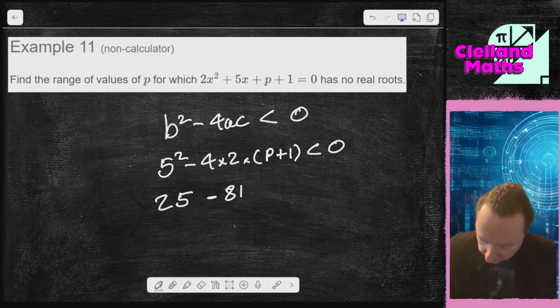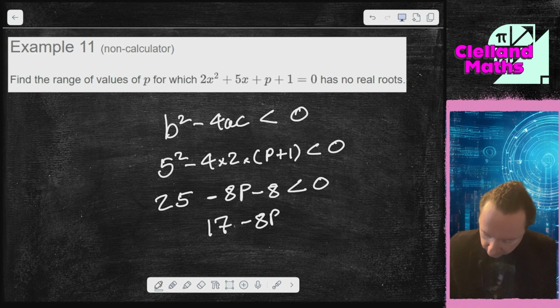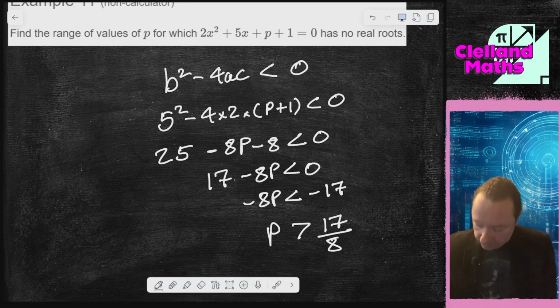So minus 8p. 8 times 1 is 8, minus 8. So 25 minus 8 is 17. So minus 8p is less than minus 17. So p is greater than 17 over 8 because it's a flipper, because we're dividing by a minus.